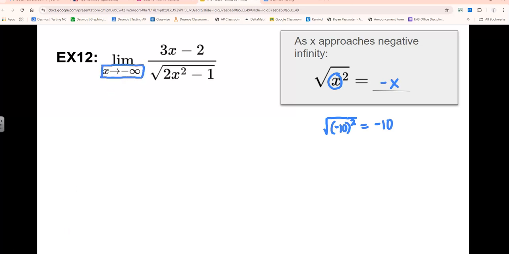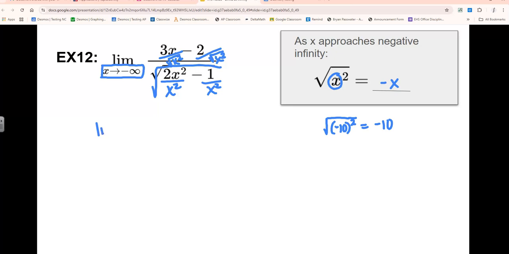Our only exception is x is approaching negative infinity. We're going to do the exact same thing that we did before. This whole thing's underneath the square root. I'm dividing by x squared. I'm dividing by x squared. Right here, I'm dividing by the square root of x squared.